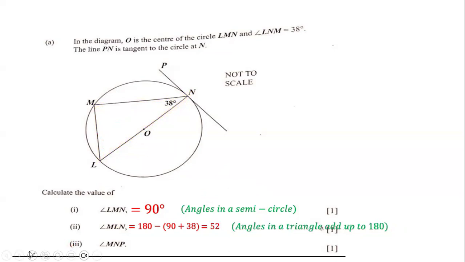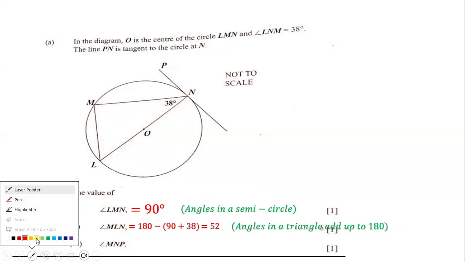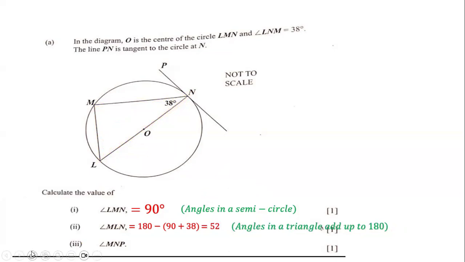Next, our goal is to determine the measure of angle MNP. Angle MNP. So we have M, we have N, and we have P. And so we have this particular angle that we're looking at.